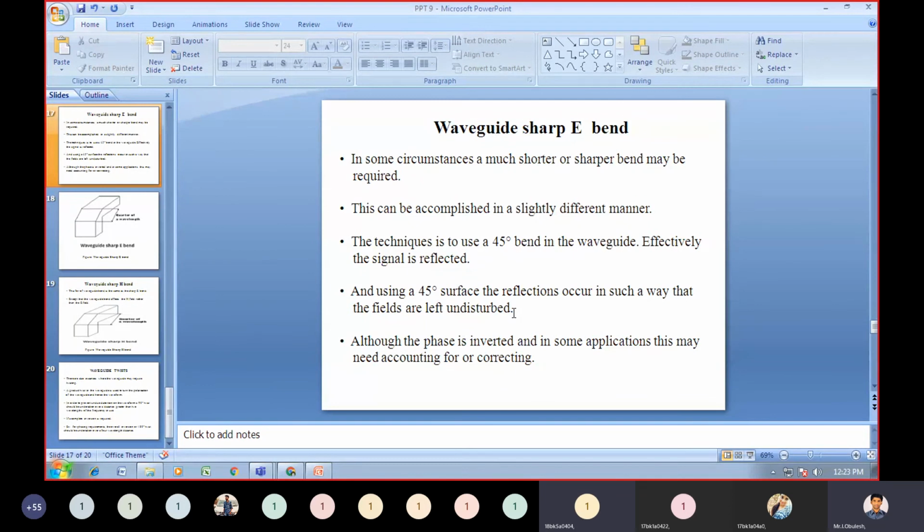You need to fix or choose the proper direction of the transmission line, and the angle is reduced. That value is a 45 degree bend in the waveguide. This waveguide sharp E bend happens in the electric field only.